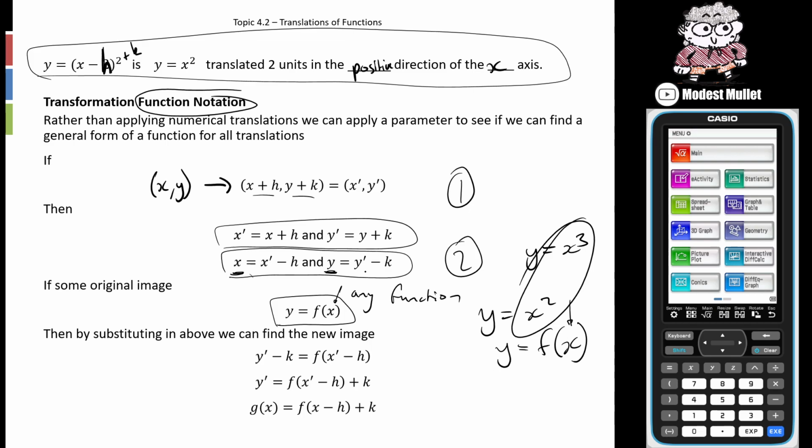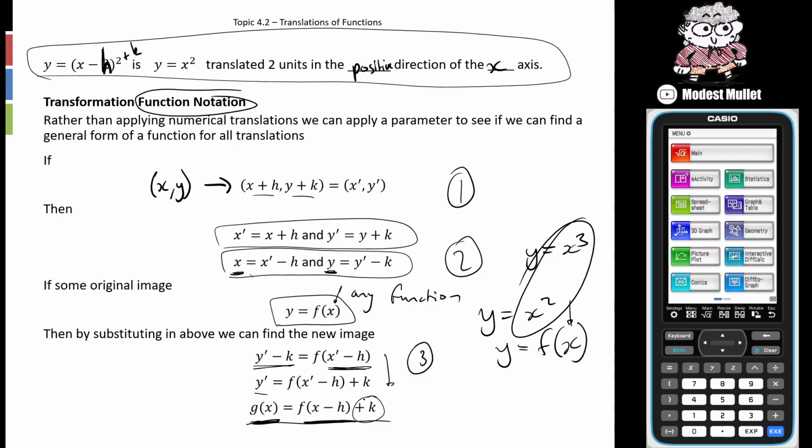So we can replace our y with y dash minus k, and we can replace our x with x dash minus h, and rearrange to get y dash by itself and call it its new name. So step 3 is the substitution, and we end up with g of x, whatever our new function is: the old function, writing x minus h wherever there's an x, and then plus k on the end.